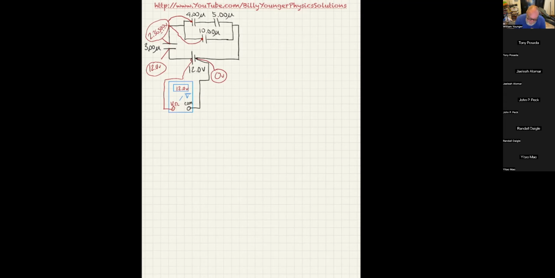Now I'm going to use that same argument I had before, that basically only a wire separates the right-hand side of the battery from the right-hand side of the 10 microfarad capacitor. And only a wire separates the 5 microfarad capacitor. I know I said resistor a second ago, but 10 microfarad capacitor is what I meant. And the same thing's true about the right-hand side of the 5 microfarad capacitor. Right here reads 0 as well.